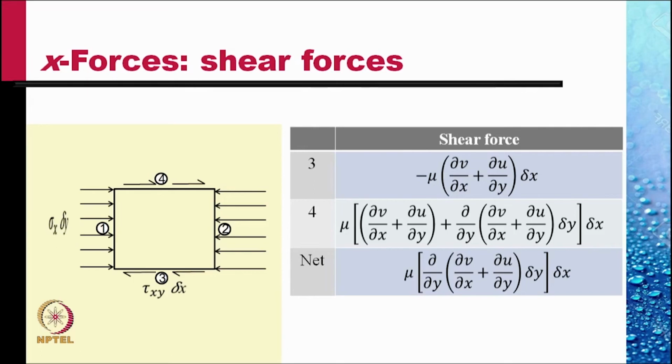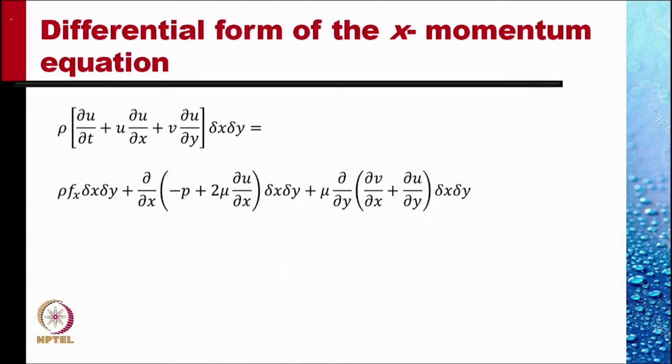Similarly, on surface 4, the top surface, by Taylor's expansion, we get this quantity. This is towards the right, so it is positive. The net of the two is this.